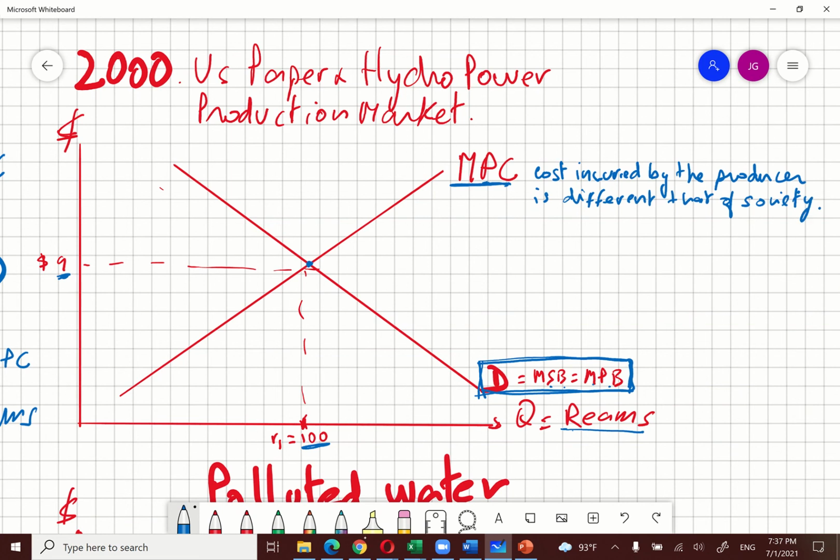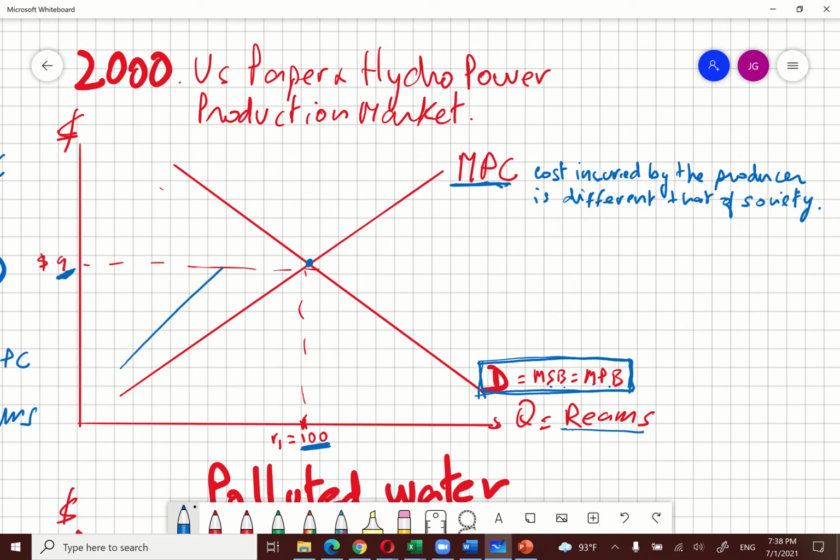How? Because when the polluter is producing, let's say including profit, at $9 per unit and selling at $9 per unit, and we as a society are happy buying at $100 per unit, there's overcosts that are also involved, and that is the cost of polluting the river.